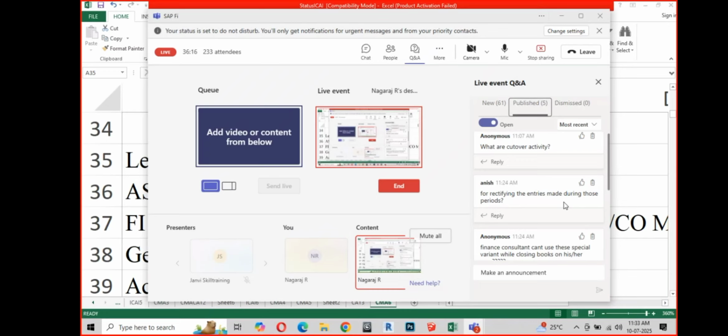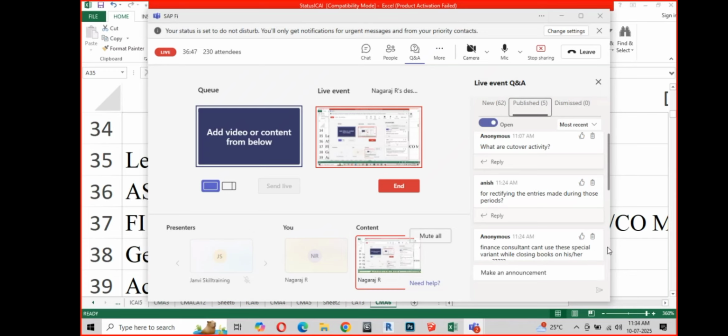Even before saving the transaction, yes, you can carry out any changes, but not after you have saved it. After saving, you will have to obtain the authorization or permission from your supervisors to rectify. Clear? I hope I have answered that question.